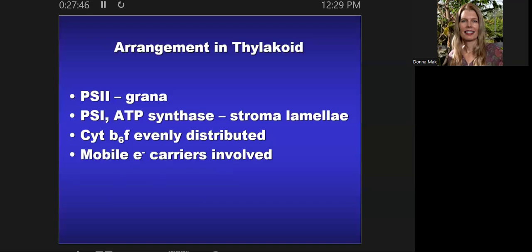So in this process, there'll be some so-called mobile electron carriers that can shuttle electrons between these different big complexes that don't move. Once these get made and put into the thylakoid membrane, they're kind of stuck. They just stay there in their physical location. And yet they have to get their electrons passed through this nice chain of donors and acceptors. So the mobile carriers are going to help get the electrons to where they're needed.